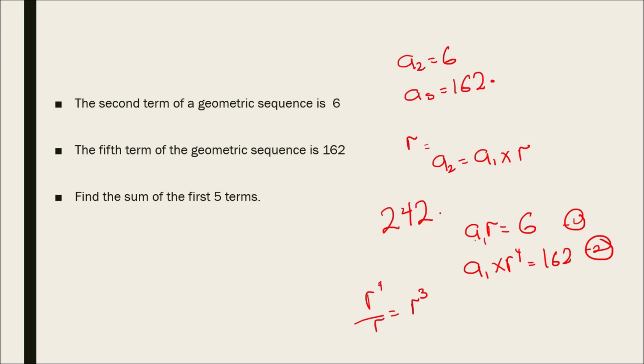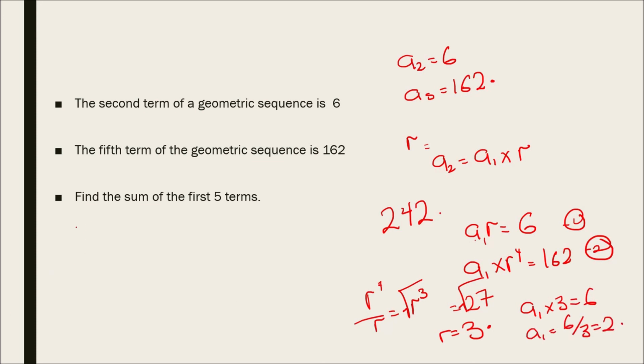162 divided by 6 should give me 27. So find the cube root, so R should be 3. Our A1 times 3 will give me 6, so our A1 is 6 divided by 3, our A1 is 2.